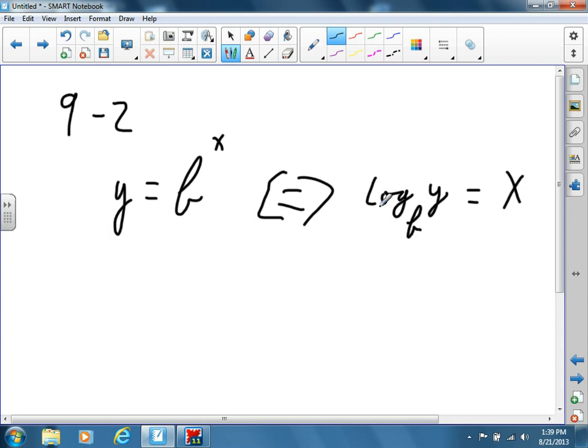So these two equations are the same equation. They don't look the same, but they're saying the exact same thing. If I have y is equal to b to the x, that's the same as saying the log of y base b is x. Those two equations are the same.